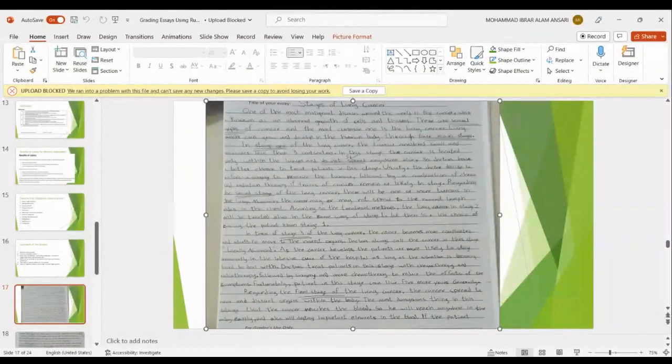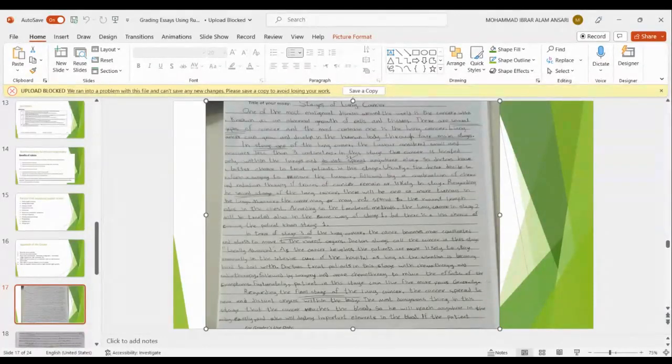Let me clarify here. The students had to produce 5 paragraphs, and there are 4 stages. This particular student has clubbed 2 stages in the first paragraph, so that's fine, because he can't write more than 5 paragraphs. That's a limit.